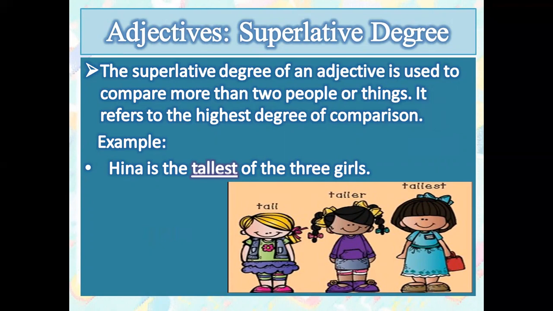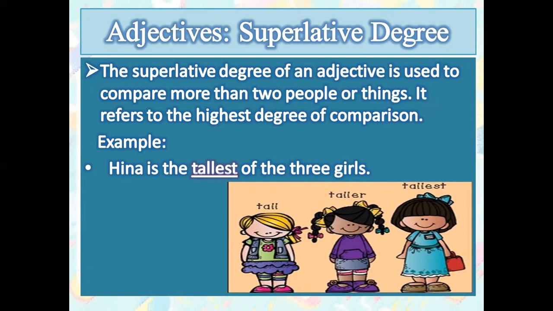So we came to know that Fiza is tall, then Hira is taller, and Hina is tallest. So we came to know that the superlative degree of an adjective is used to compare more than two people or things.